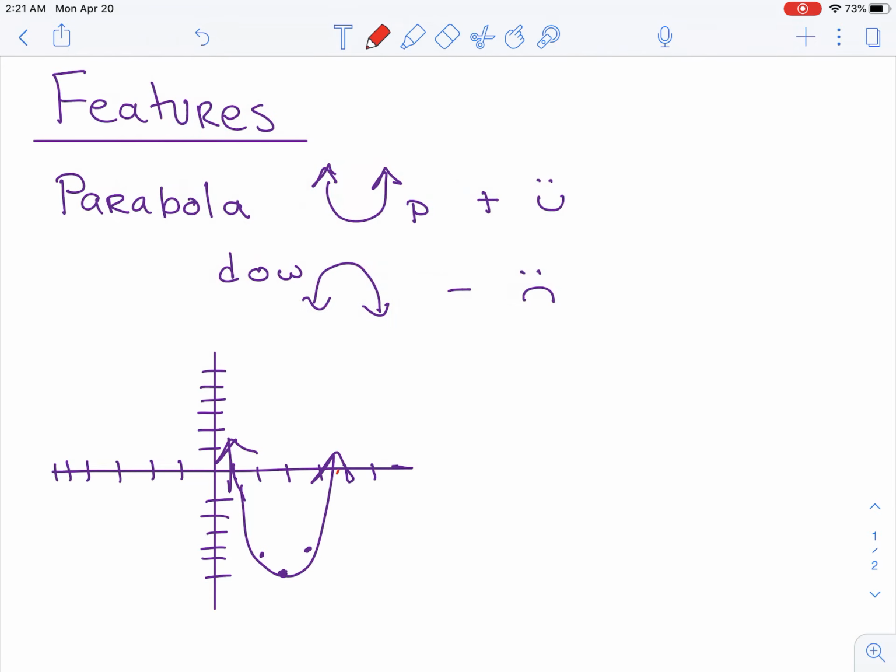Some important places are where it touches the x-axis. Where it touches the x-axis, that is called x-intercepts or roots.